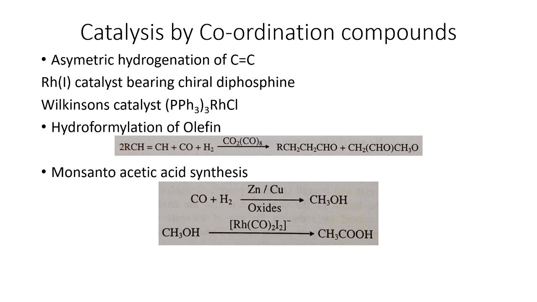Then you can have use of microwave techniques which can replace the conventional energy sources, or use of ultrasonic chemicals. So all these come under the applications of green chemistry synthesis. After this Monsanto acetic acid, there are two or three examples mentioned there. You can study them at home on your own.